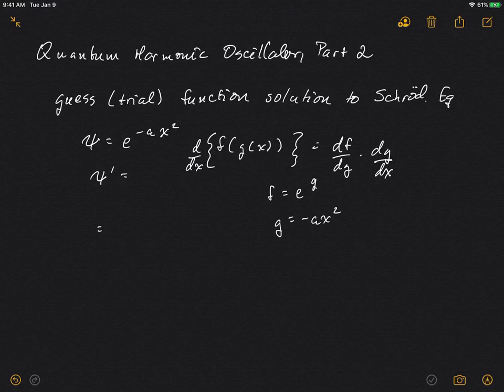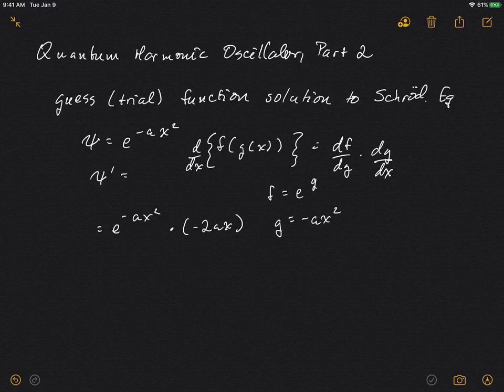In this case we might as well plug g back in, so we get e to the minus a x squared, and then times dg dx, which would be minus 2ax. And we would probably want to put that in front, usually put the more complex function towards the end of our expression.